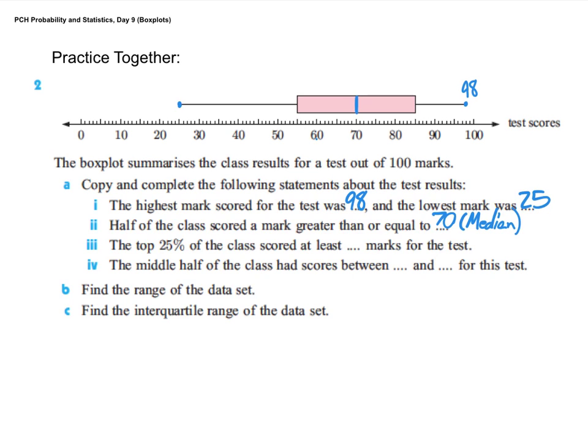Now the top 25% scored at least how well? 85. Okay, good, 85. That third quartile, that's the 75th percentile, which means 25% of people did better than that. So good, that's 85.